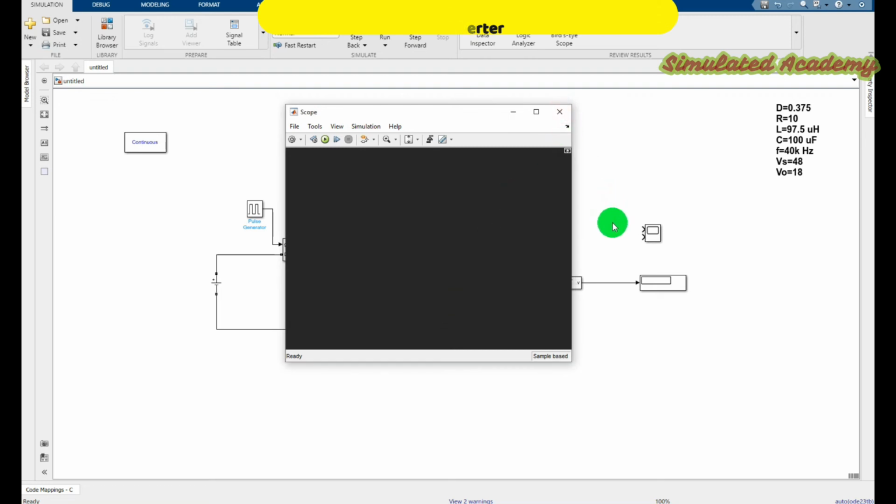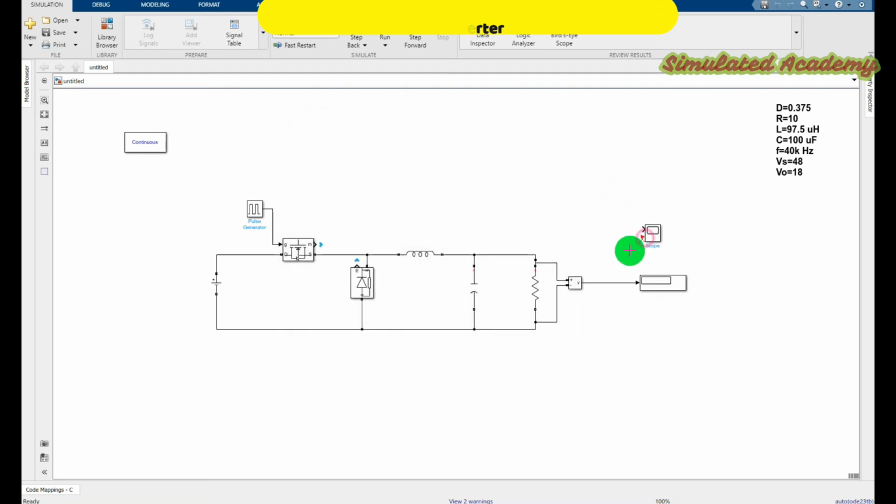For example, I am displaying my input signal as well. Forget about this. Now put in all these values.